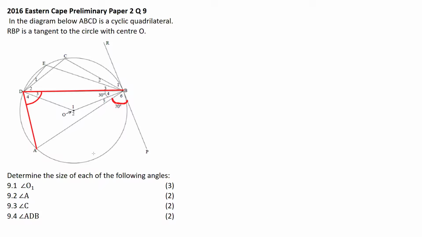The chord AB subtends D3 and D4 at the circumference. In other words, I'm saying the chord AB makes the angle D3, D4 at the circumference, which is just ADB. So there's a theorem that uses that concept.